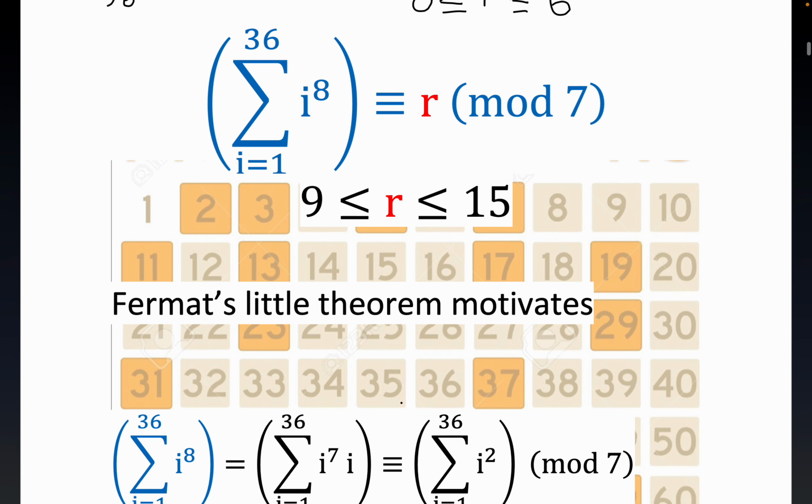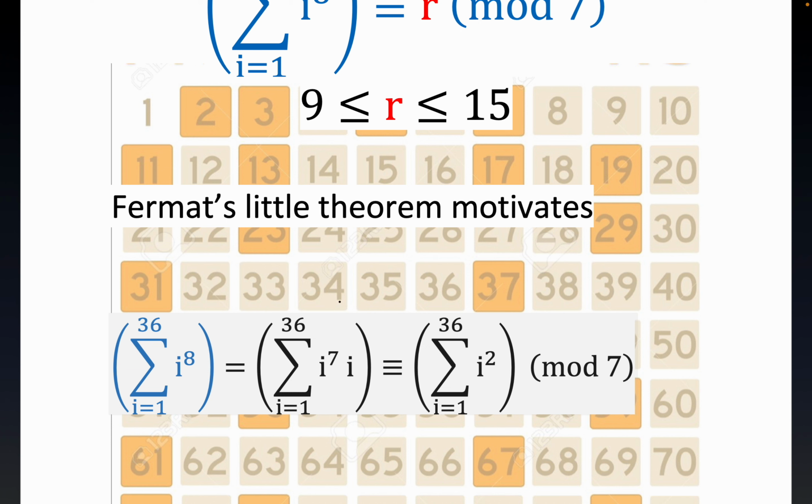Now, probably the key step in the whole problem is right here. We rewrite it like this, but we're motivated by the fact there's something called Fermat's little theorem. A is the prevalent letter here, or the common letter, but we'll use I: I to the 7th is congruent to I mod 7.